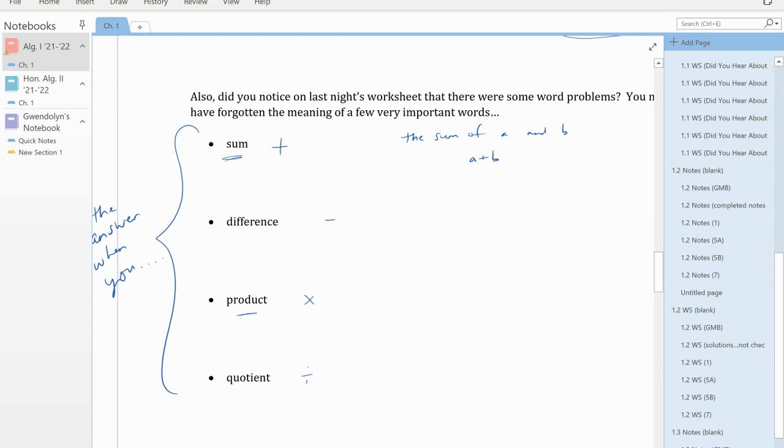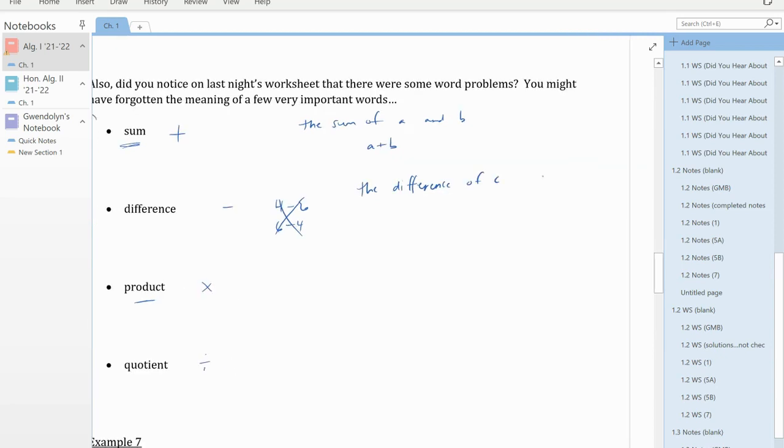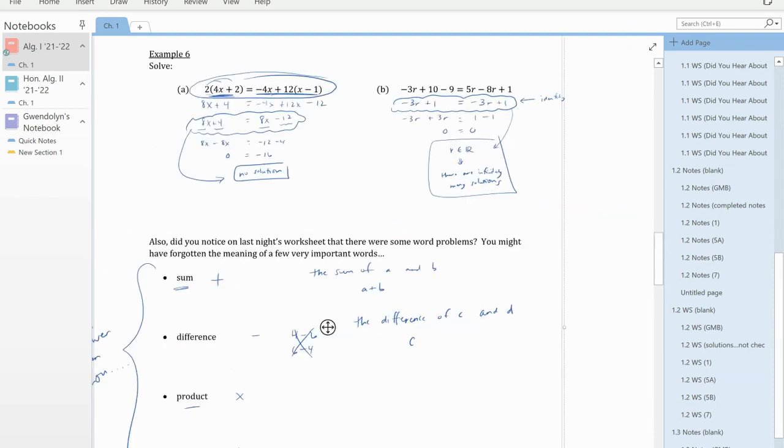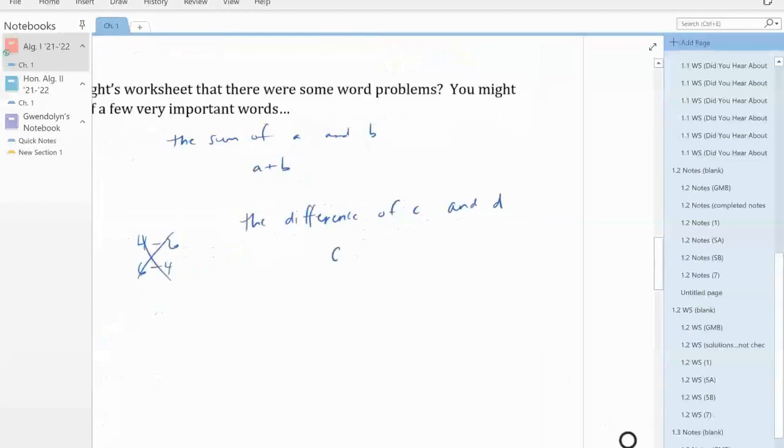Because it does matter when you're doing a difference. Like 4 minus 6, not the same thing as 6 minus 4. Not even close. Okay? So if it says the difference of C and D, whatever they say first has to come first. That means C minus D.